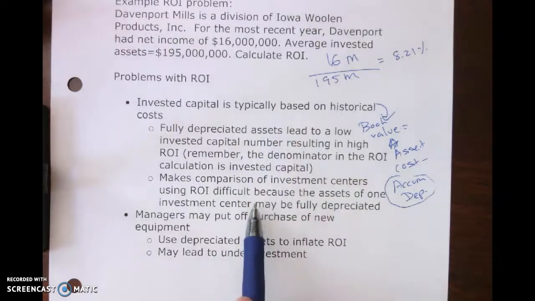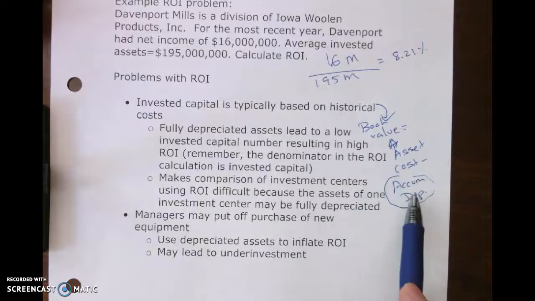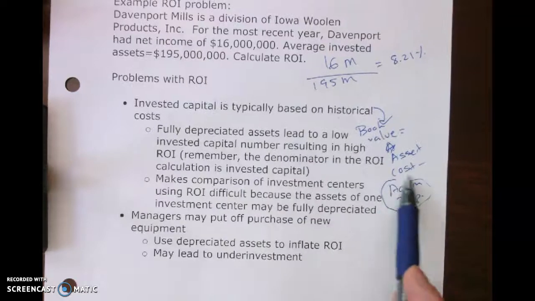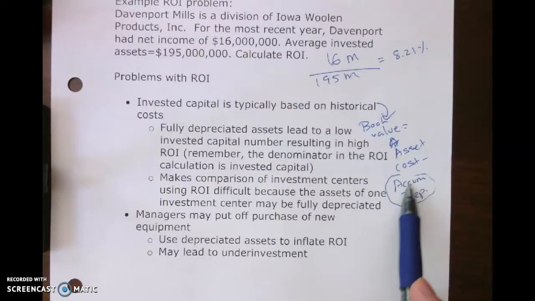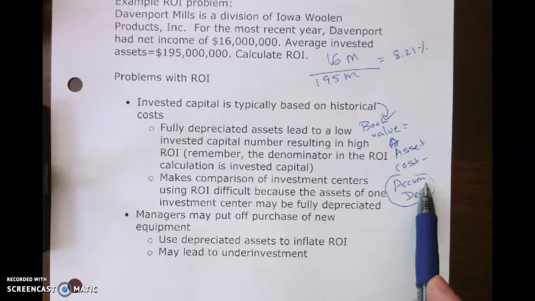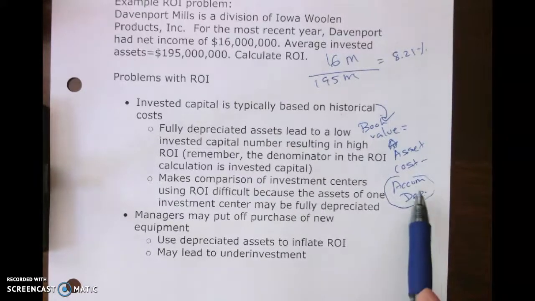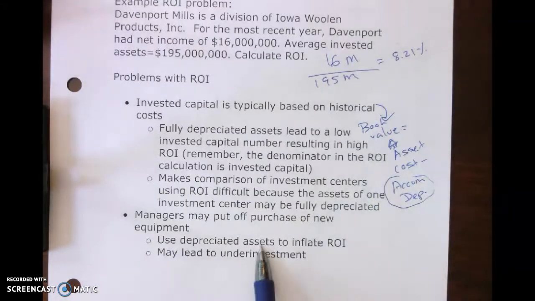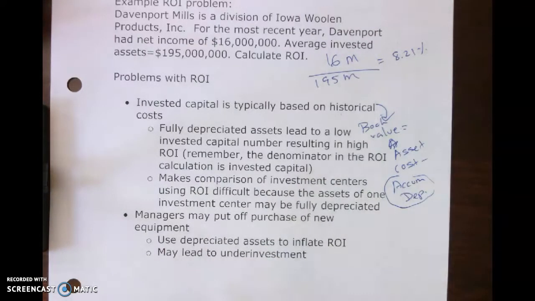Also, continuing on this discussion of depreciation and book value and invested capital, if you think about this, right, if I keep using my existing assets all the time, and I delay purchasing new assets, what happens to accumulated depreciation? It will go up, which means the book value goes down. And so maybe what I can do is use some depreciated assets to increase my return on investment.